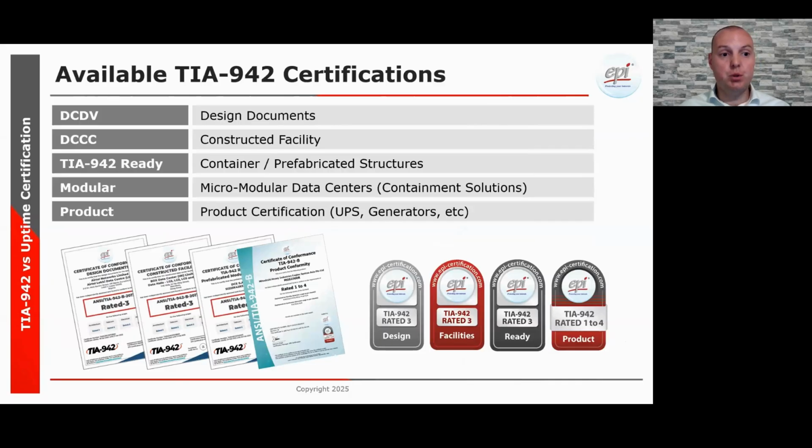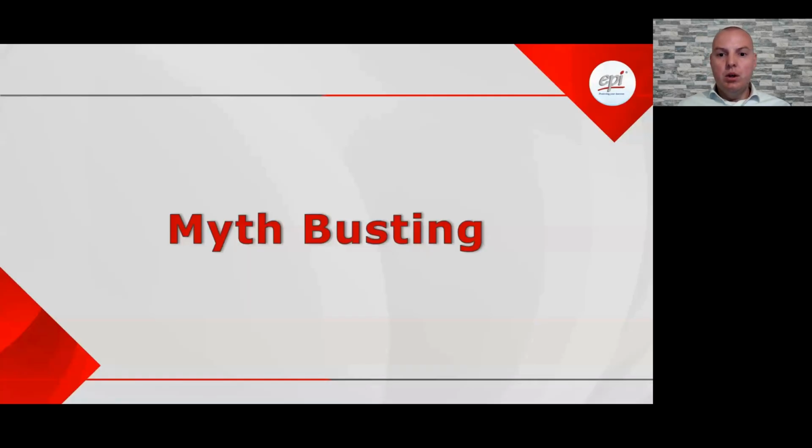The TIA-942 ready, typical for containers. We have the modular, this is typical for containment aisle solutions, plus then again the product certifications for UPSs, generators, etc. So I hope this gave some clarity between the different organizations.